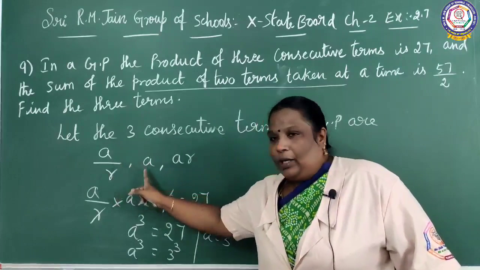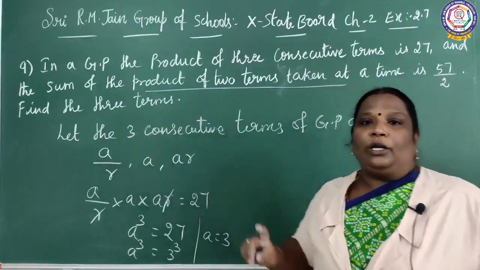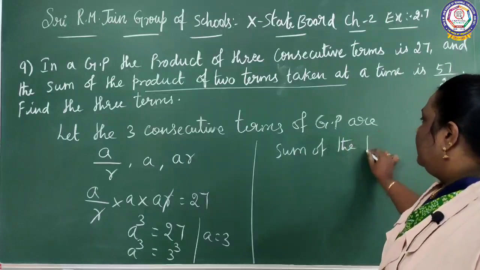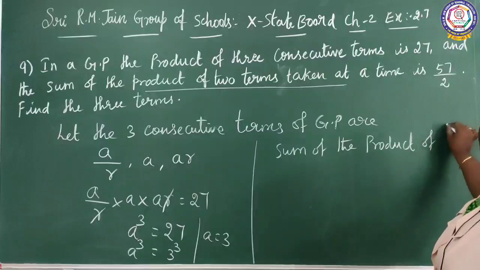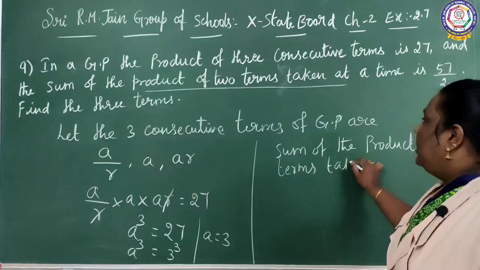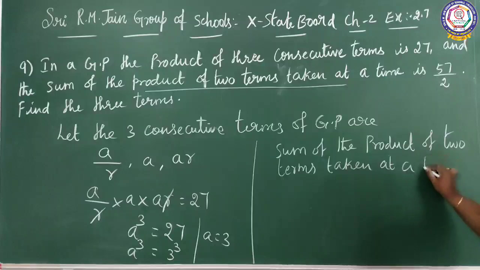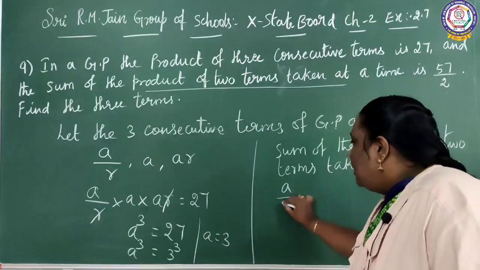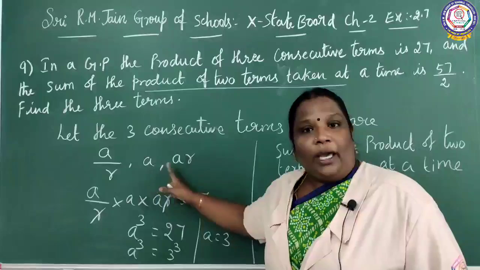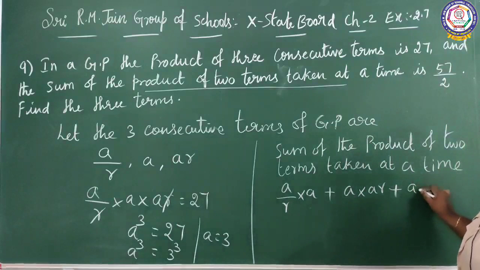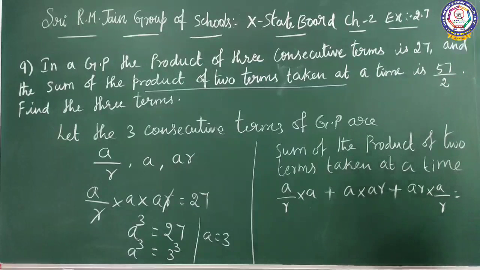That is A by R into A plus A into AR plus AR into A by R. Taking two terms at a time: first two consecutive terms, the product A by R into A, plus A into AR, plus AR into A by R, equal to 57 by 2.